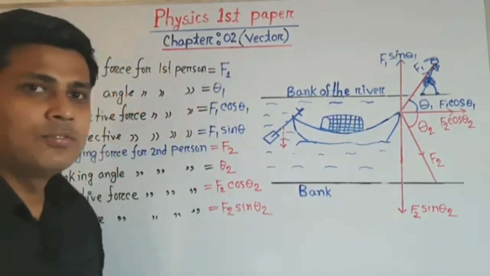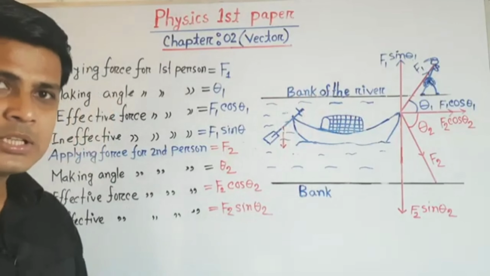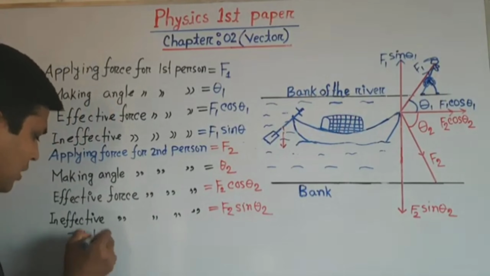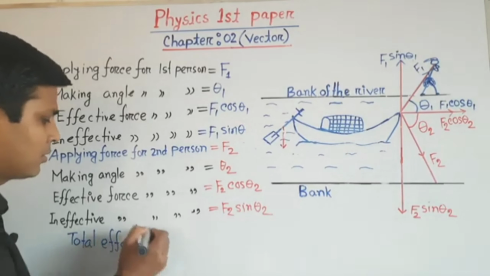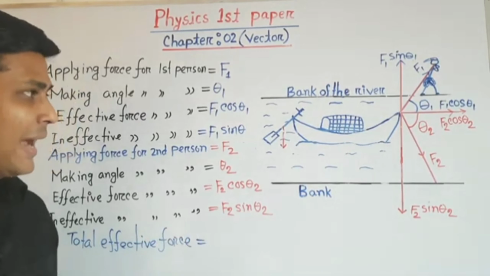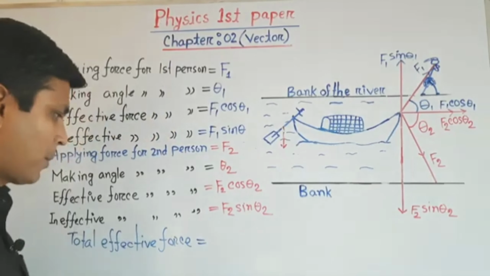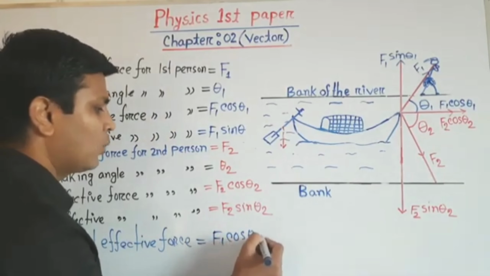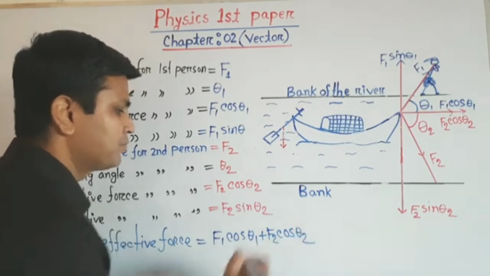Now if we want to calculate the total effective force, we can write here: the total effective force will be the addition of F1 cos theta 1 and F2 cos theta 2. So we can write F1 cos theta 1 plus F2 cos theta 2.